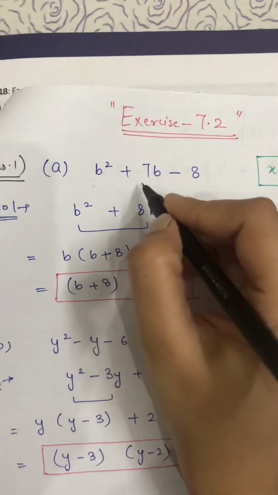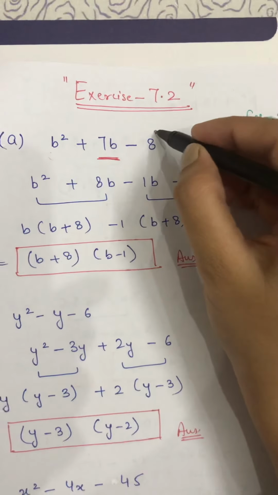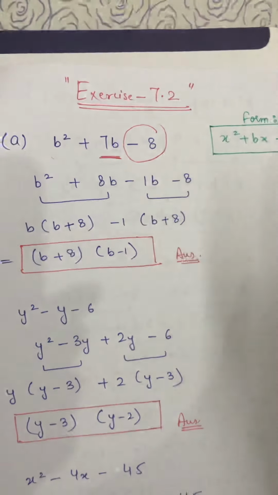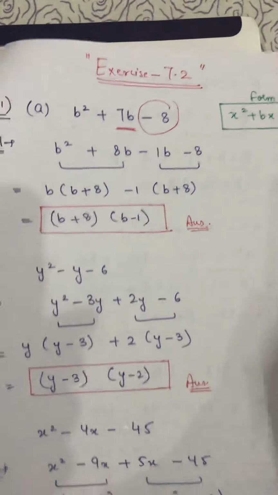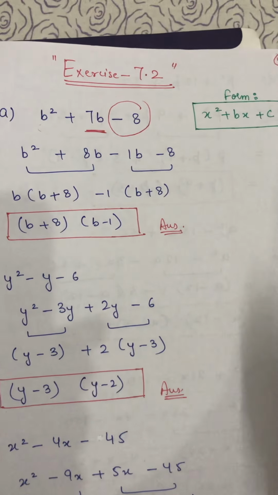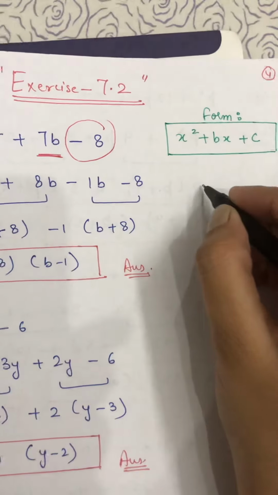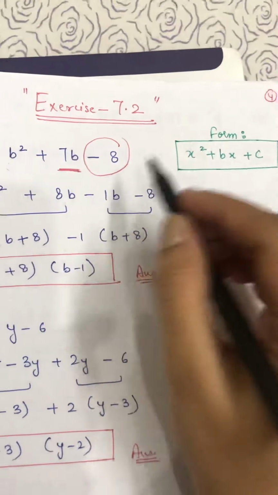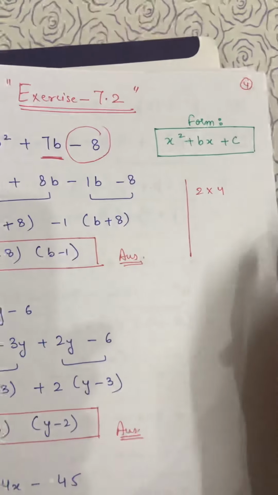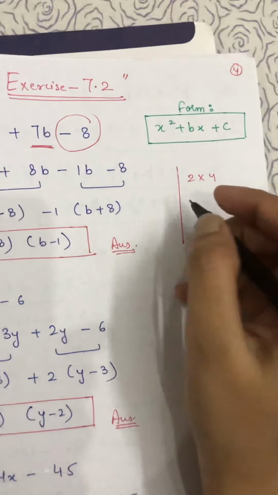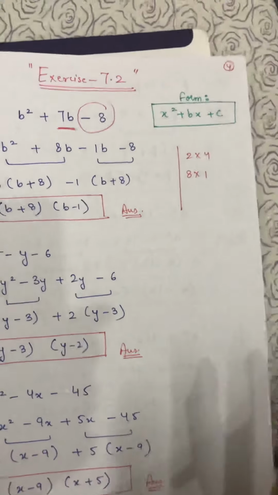Then you have to split the middle term, but first you have to factorize the last term. The last term is 8, so you have to make factors of 8. Factors of 8: 2 fours are 8, or 4 twos are 8. After that, 8 ones are 8, or 1 eight is 8. These are the factors.